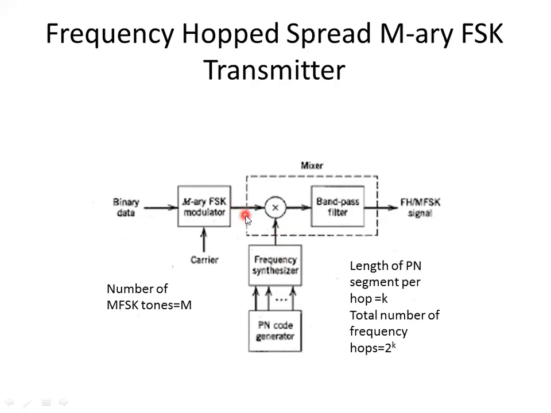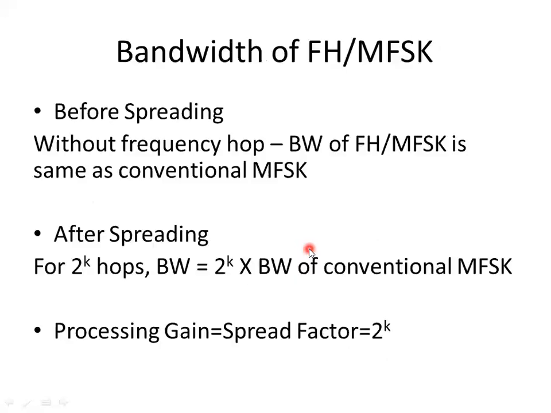Then sometime, maybe at time t equal to the first 5 seconds, let's say this frequency was set to F1 dash hertz. Then this F1 hertz will be shifted to F1 dash hertz. Next, for the next time slot, let's say this frequency synthesizer has generated a frequency of F2 dash. Then this F1 now jumps to F2 dash. So like that, this can jump to 8 different center frequencies, correct?